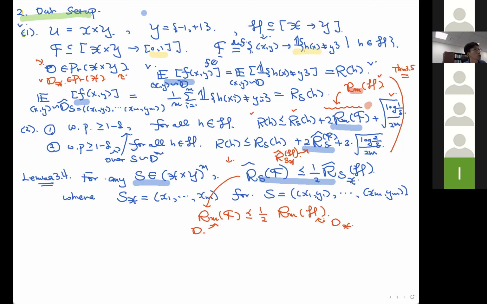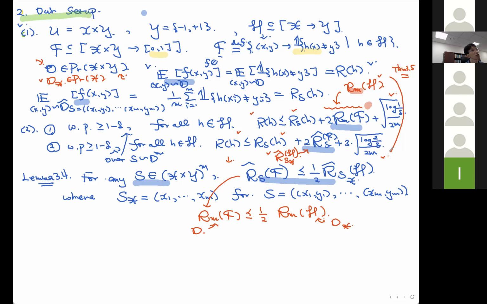And the one below says the same thing. With high probability, for all H, the risk is bounded by the empirical risk plus not 2 times, but just the empirical Rademacher complexity of H with respect to this X projected S, plus 3 times this quantity. Okay, so that's what theorem 3.5 says.